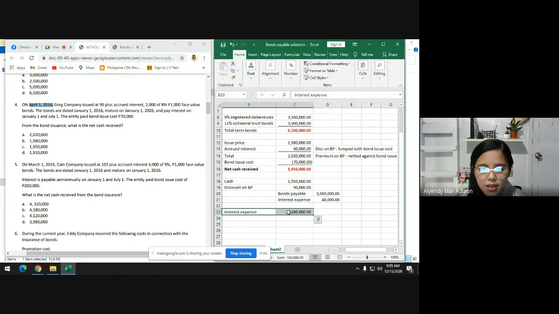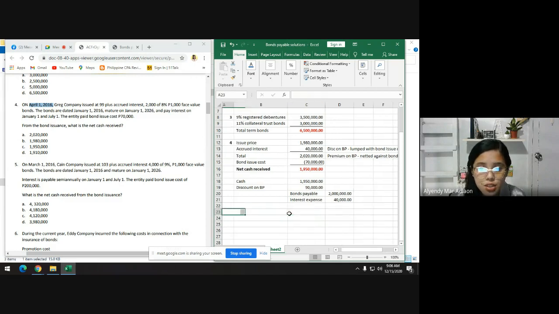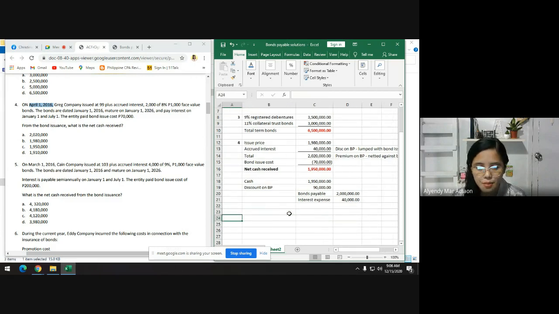Every end of the period, 1 whole year jud iyang i-record ng interest expense, but upon issuance nag-credit na siya daan og 40,000. So the effect of it would be mugamay iyang interest expense since ga-credit man ta sa sugod pa lang og 40,000. Okay? So that is the journal entry for number 4.